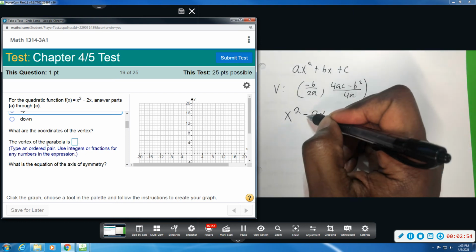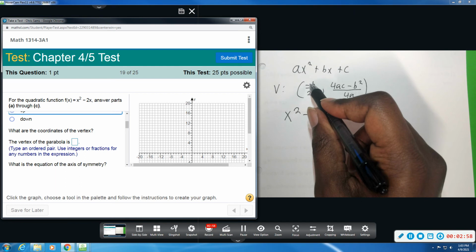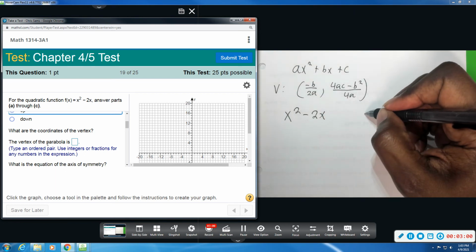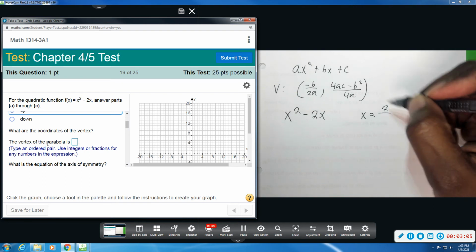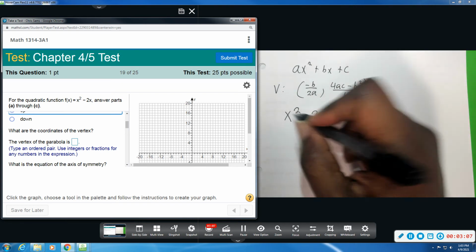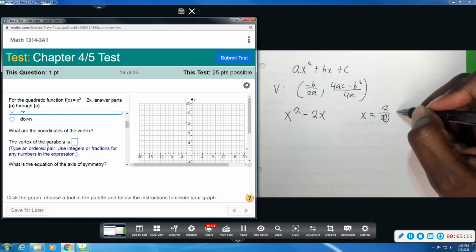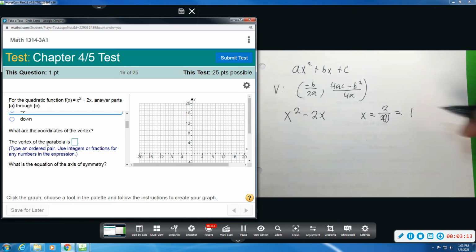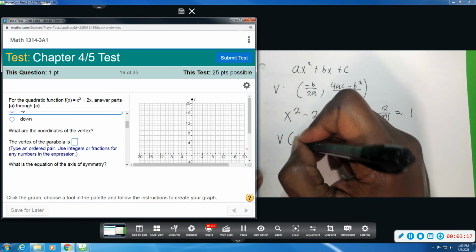So whenever I find negative b, that would be a negative into a negative, so it would be a positive 2. So the x-coordinate is positive 2 divided by 2a. That would be 2 times 1. 2 times 1 is 2, so this just gives you 1. So the x-coordinate is a 1. So part of your vertex is 1.